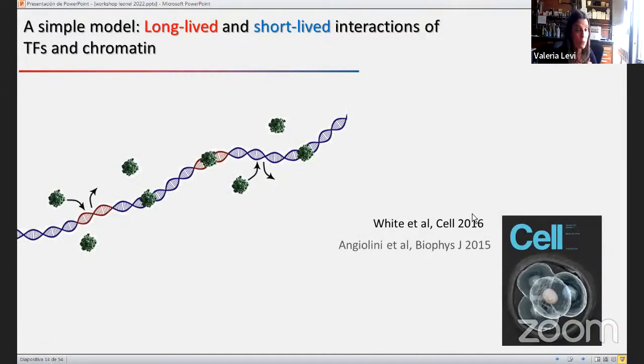So I'm going to do a parenthesis here. Some years ago, we were studying other transcription factors, in fact, the pluripotency transcription factors in living embryos. We obtained a correlation curve very similar to the one I showed you.